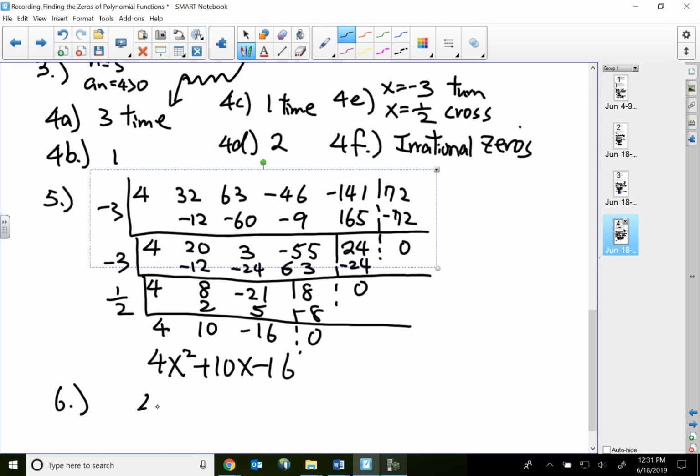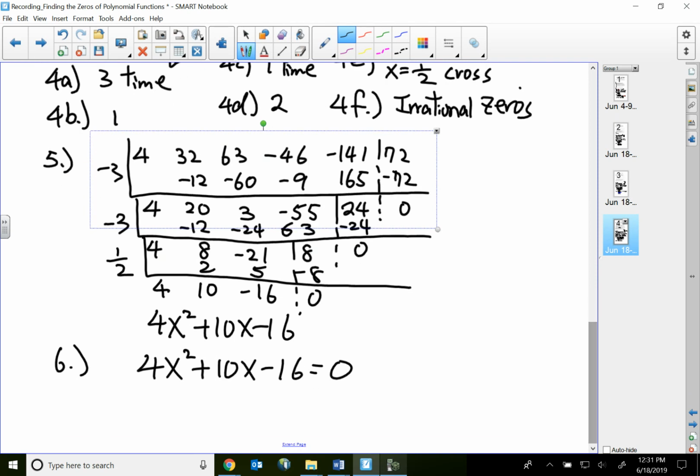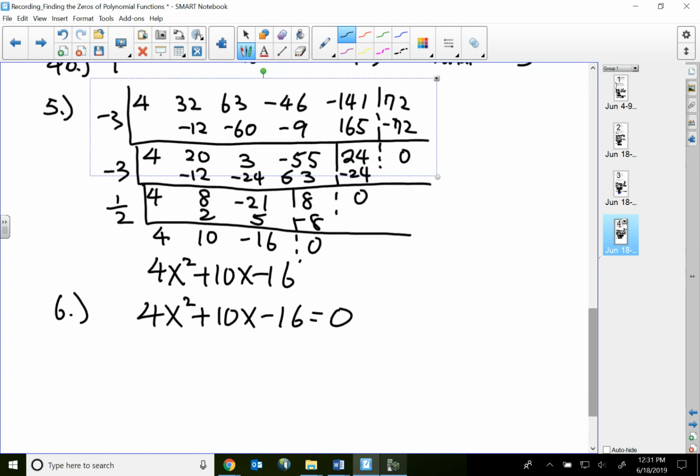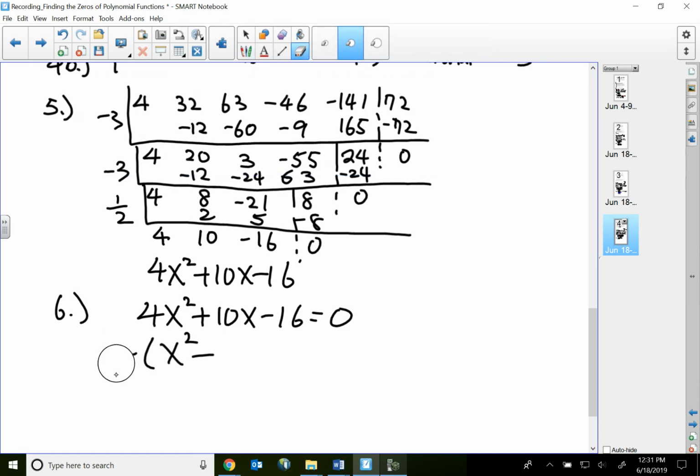All right, so the quadratic equation I'm going to solve is right here. Now, since I kind of know the other two zeros are going to be irrational, I'm going to go ahead and factor out 4. Oh no, can't factor out 4. Let's do 2. Having a little bit smaller leading coefficient.